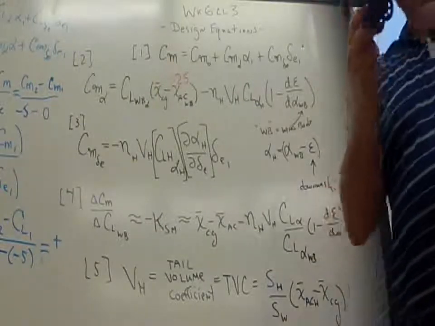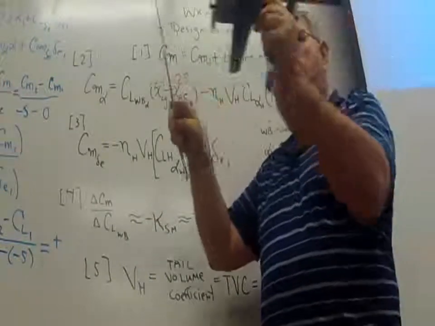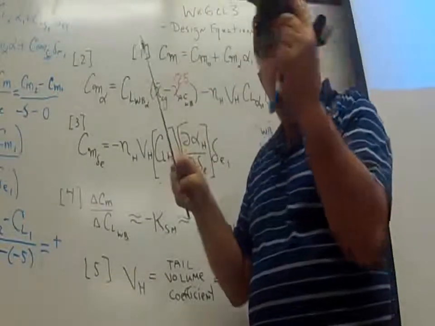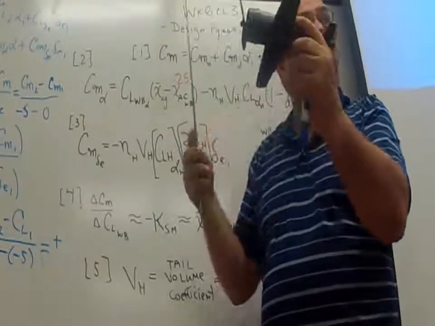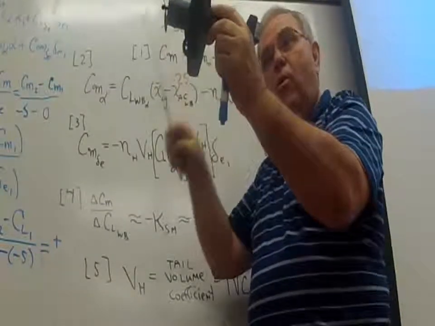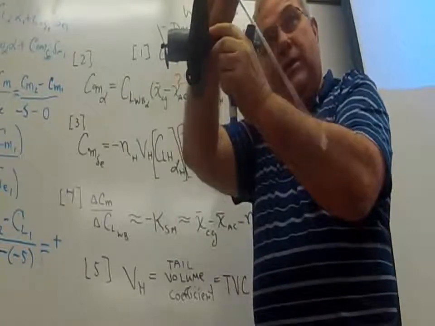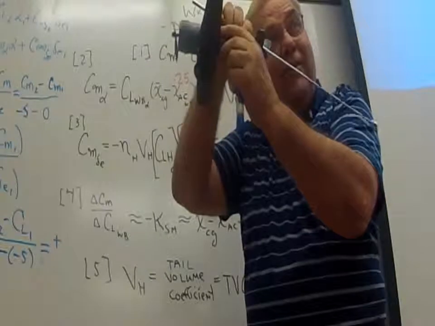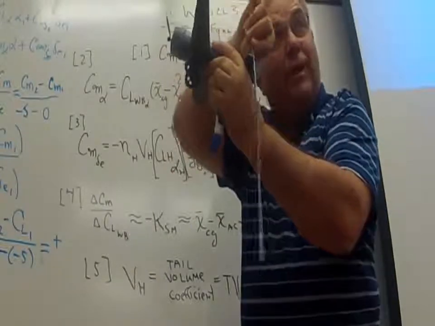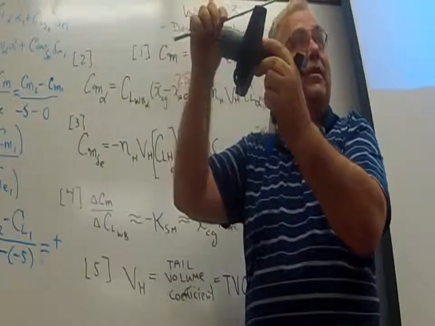So your downwash angle looks like this, if you can imagine it's going through water, and you can see the water, or a wind tunnel, a water tunnel. Going through a water tunnel, you see the water would go over it like that, and then you'd have a downwash at the tail. That downwash will change with alpha. The more alpha you get, the more downwash you get. Pretty much obvious from physics, yes?